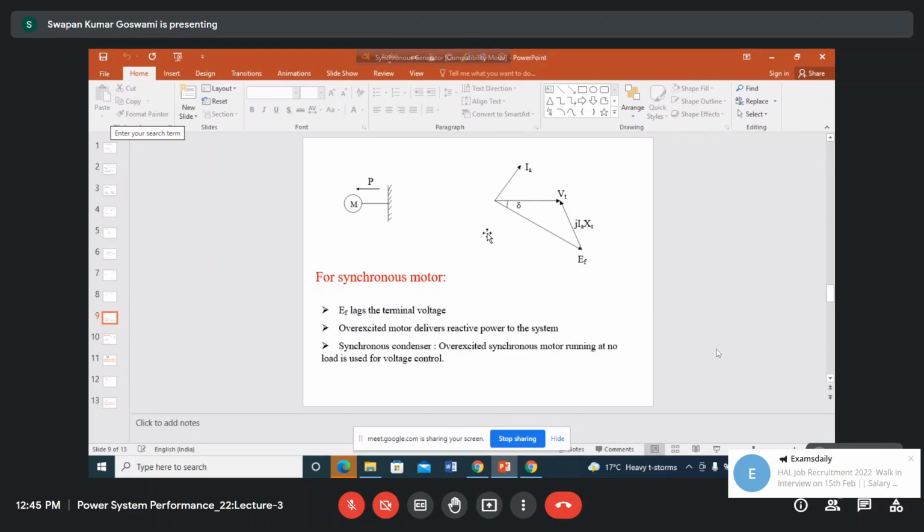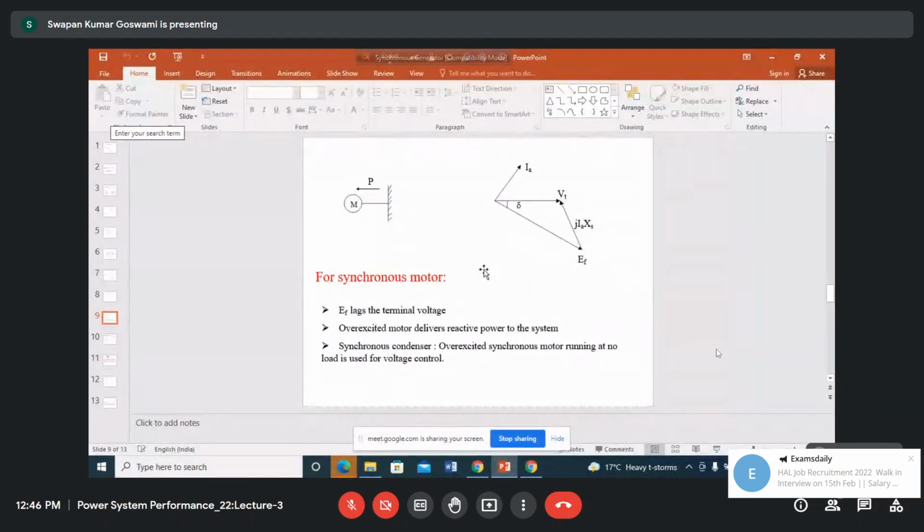It will not be delivering any mechanical power to a load. So the motor will be operating at no load, but its field current will be kept above normal so that it can deliver reactive power to the power system.